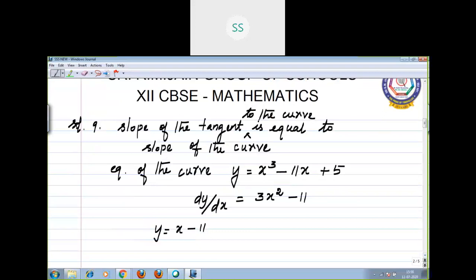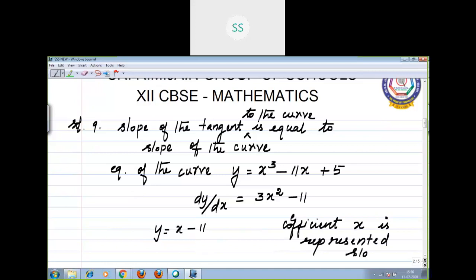How to find the slope? I will tell you, you have to listen carefully. The coefficient of x represents the slope, right? Coefficient of x represents slope.